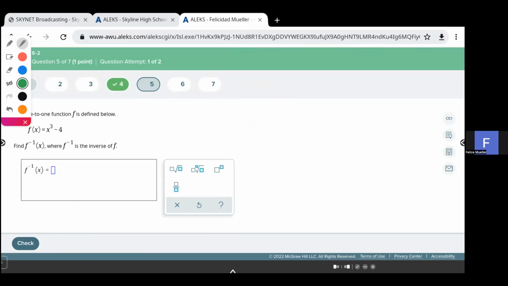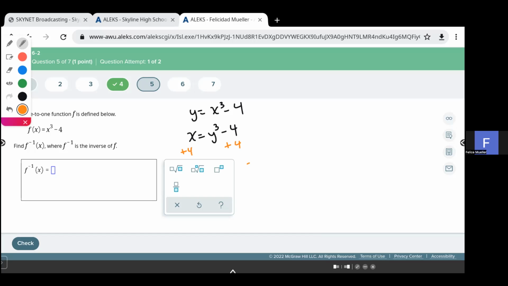All right, so this time we have a cubic. Our steps are the same. The only difference here is I don't have to worry about a restricted domain because of the shape of the graphs. So we're going to start off with y equals x cubed minus 4, and switch x and y. Next, I'm going to start off by adding 4 because my goal is to get y by itself.